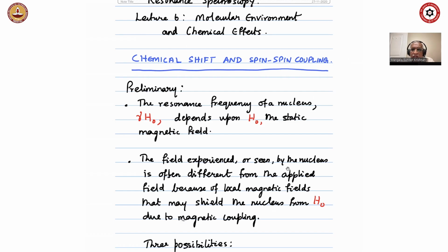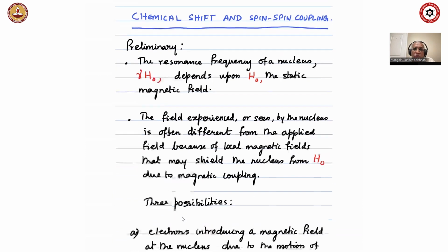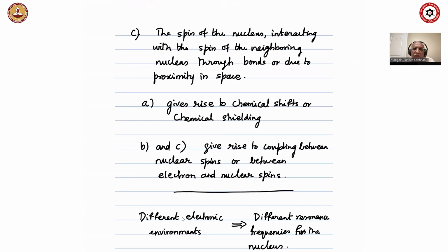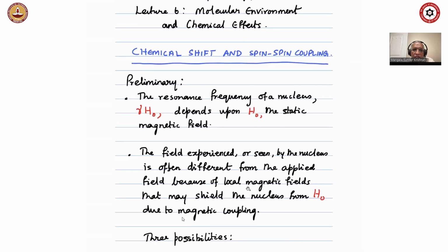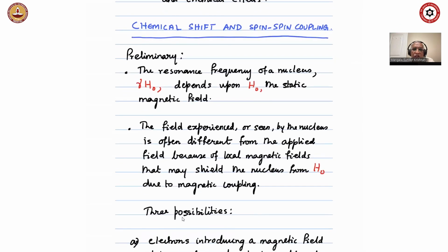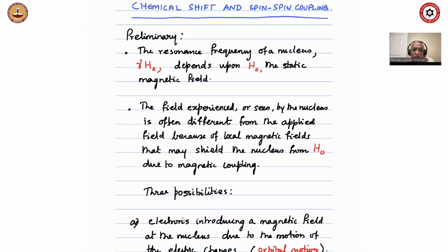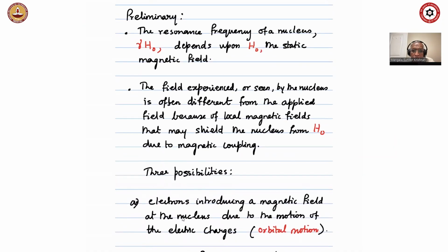You can see that. That's the statement. The field experienced or seen by the nucleus is often different from the applied field because of the local magnetic fields that may shield the nucleus from H naught. Okay? And this is due to the magnetic coupling with the electrons surrounding the nucleus.